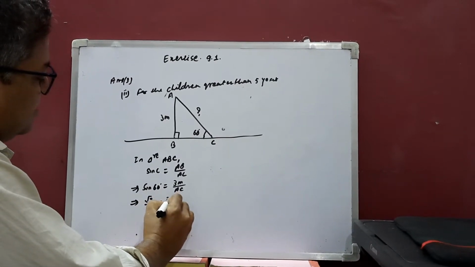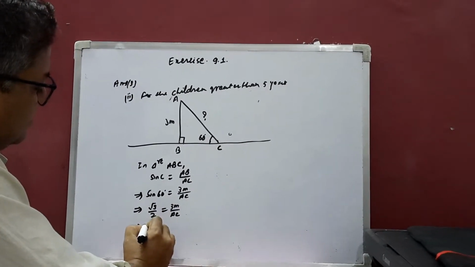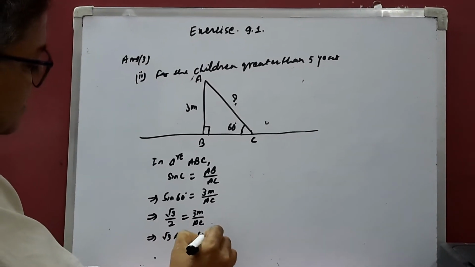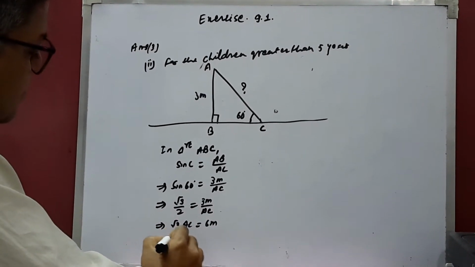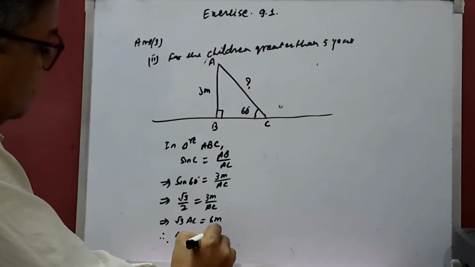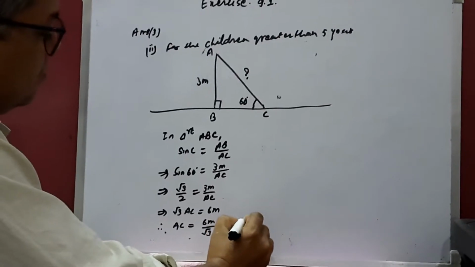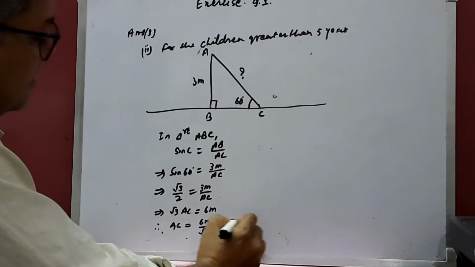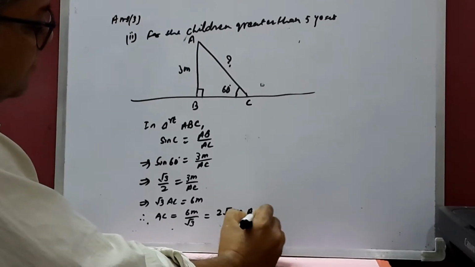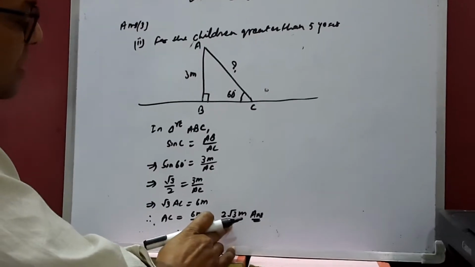This is 3 meter by AC, and do the cross multiplication. Root 3 into AC is equal to 6 meter. Therefore AC is equal to 6 meter divided by root 3, and this is 2 root 3 meter. This will be cross out. This is the answer. Okay, that is length of slide is 2 root 3 meter.